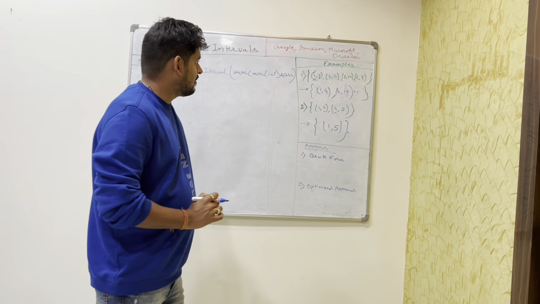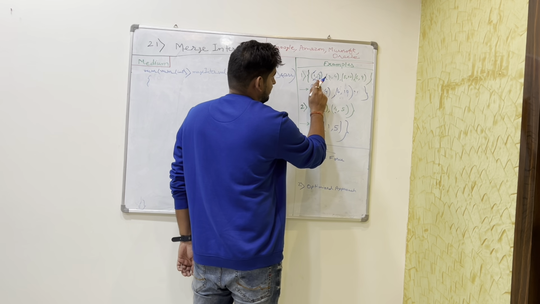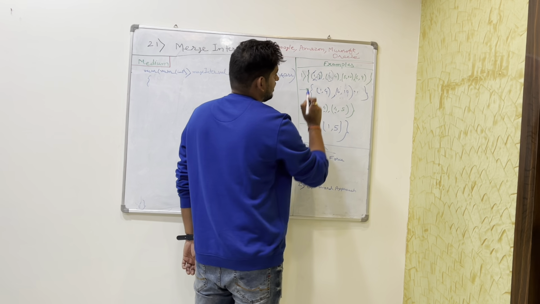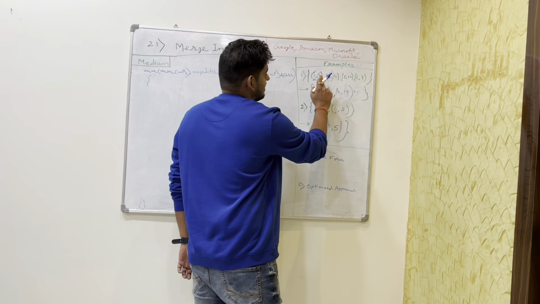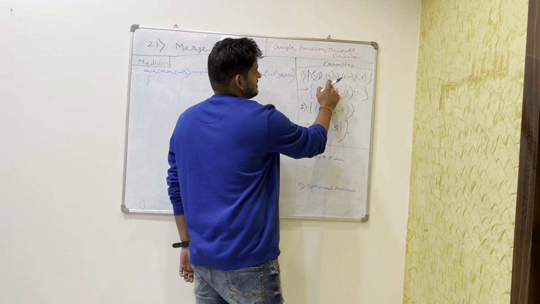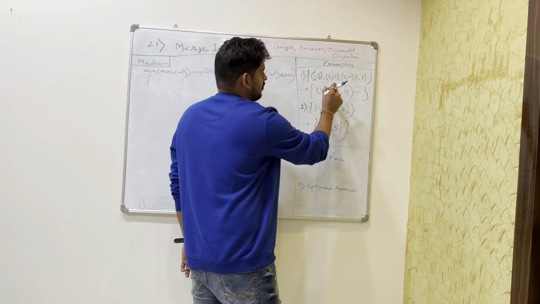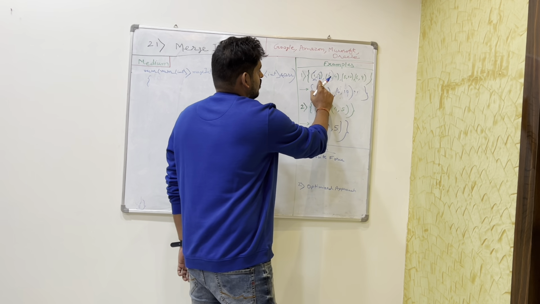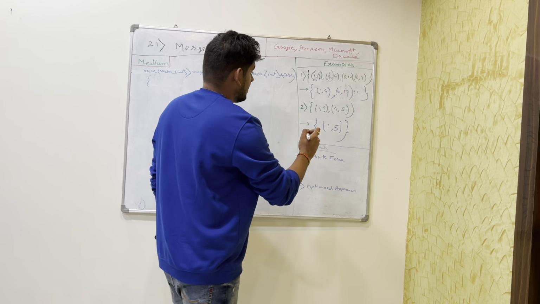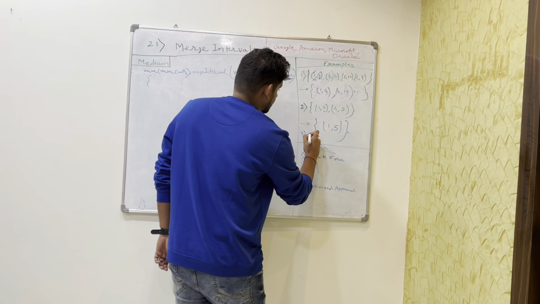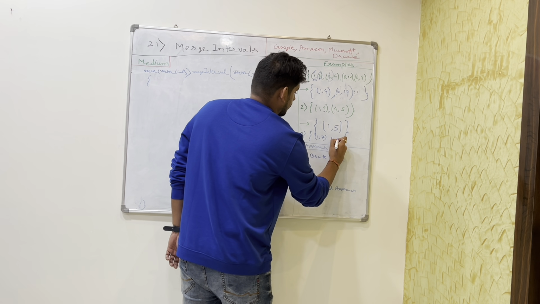How do we check the overlapping values? We see the end part, the last part of the previous value, and the first part of the current value. If this value is lesser than this, or equal to this, in this case they are equal, so we are going to overlap them. In some situations the question could have 1 comma 7 and 3 comma 4, right?